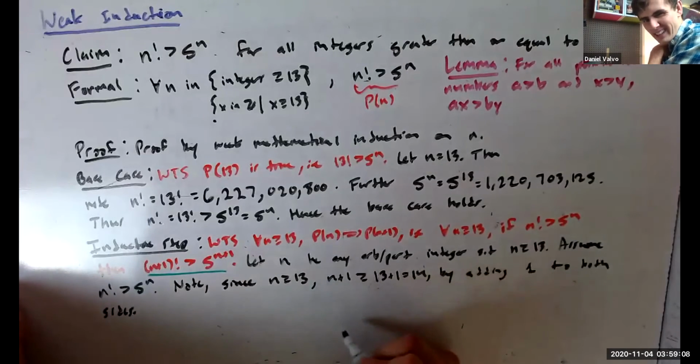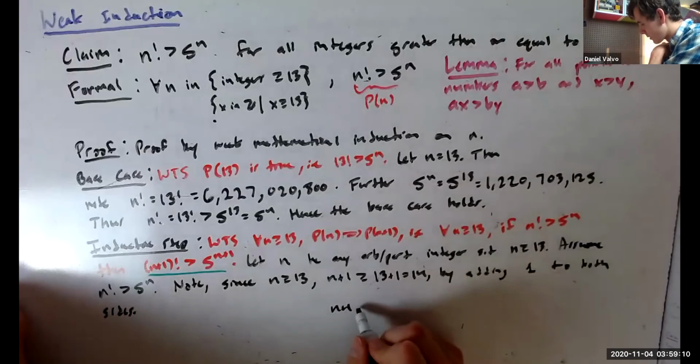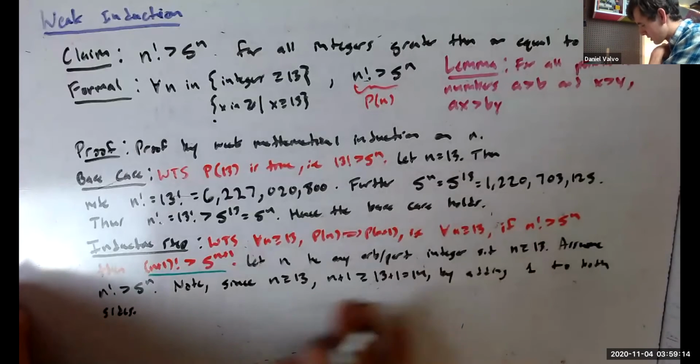Normally we'd do this in kind of like the center. We'd say, oh, n plus 1 is greater than or equal to 13 plus 1. But since it's just one line, you can do it like this.